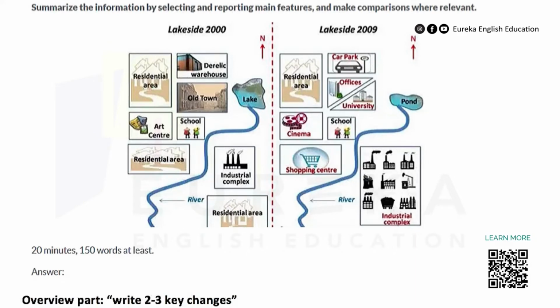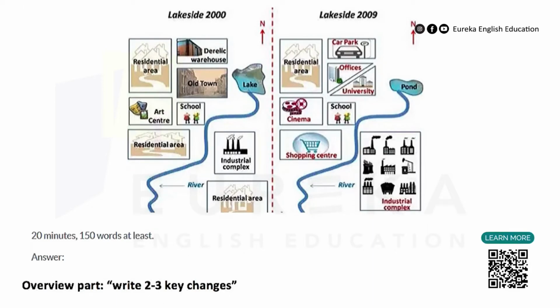The residential areas decreased in number, and the industrial complex had been expanded, while this is another point that we can cover for our overview: the lake was getting smaller and turned into a pond.